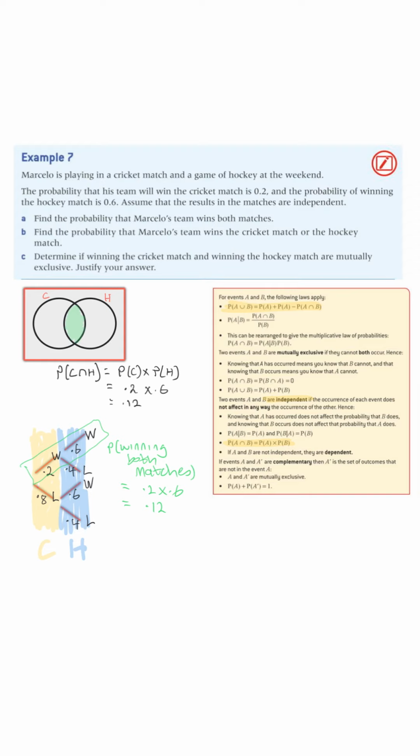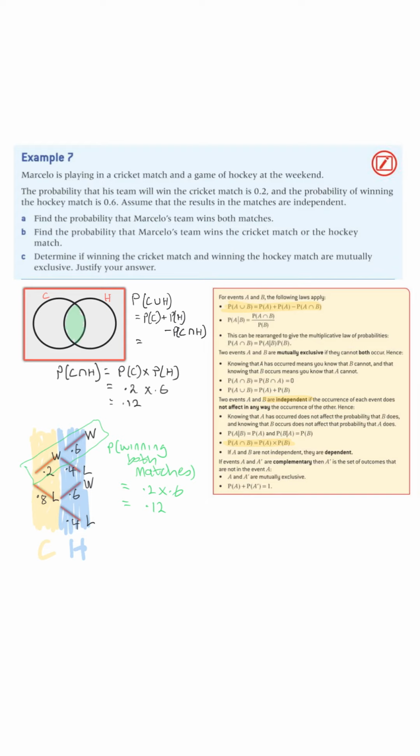Okay, so if we use the Venn diagram, I'll just use this spot up here. We're now saying that the probability of the union of the cricket match and the hockey match equals the probability of the cricket match plus the probability of the hockey match minus the probability of the intersection of the cricket match and the hockey match.